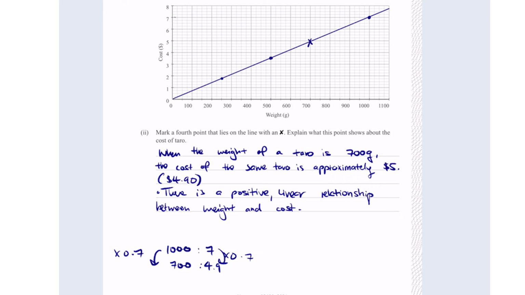So what does that mean? Essentially, as we increase the weight, our cost is also going to increase, right? And that's why we say it's a positive gradient or positive steepness or slope. So if our graph looked like this, then that's negative, right? Because as our weight increases, the cost would be decreasing.